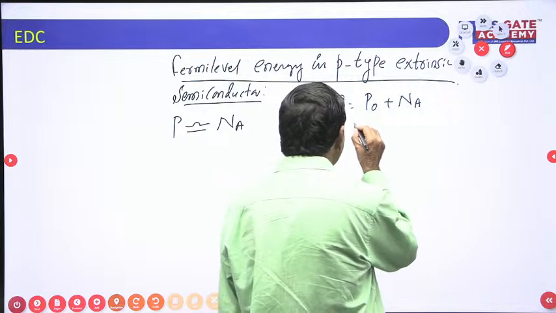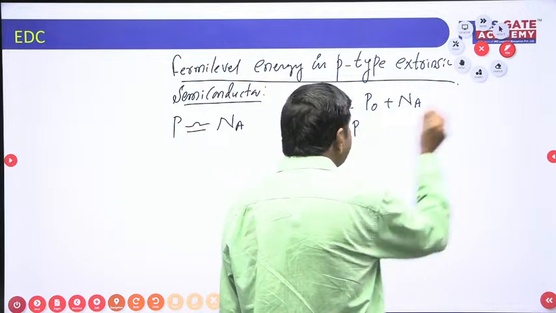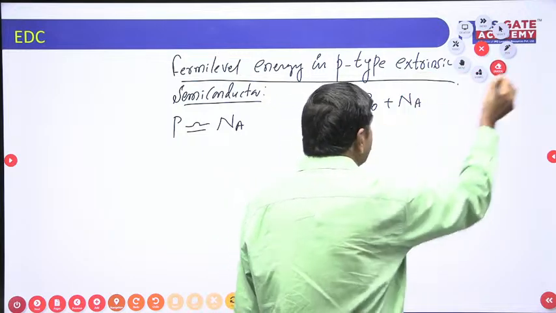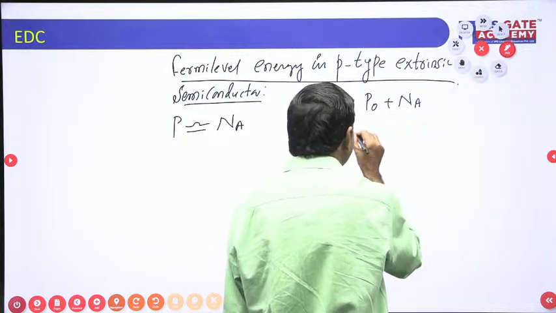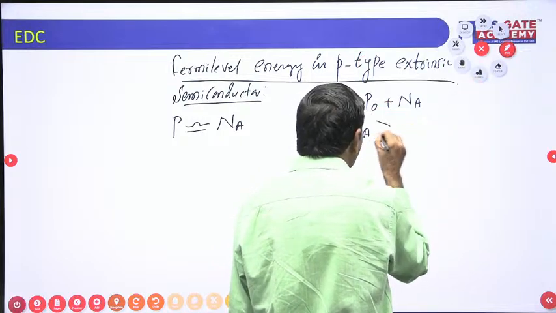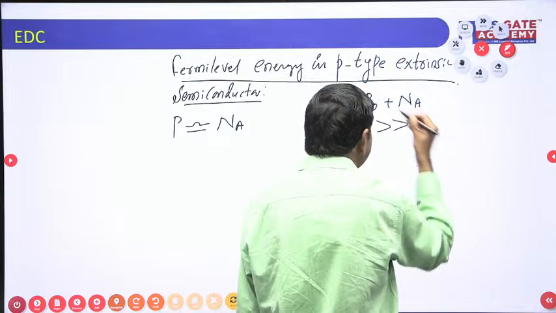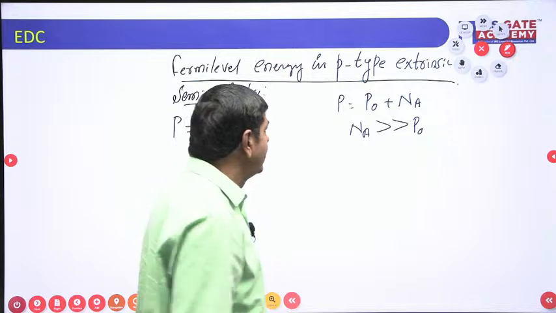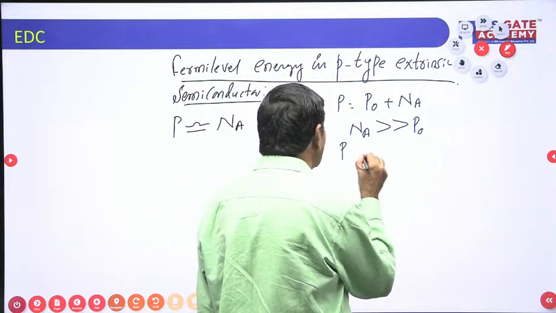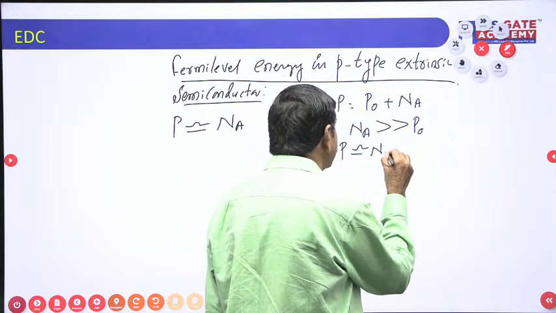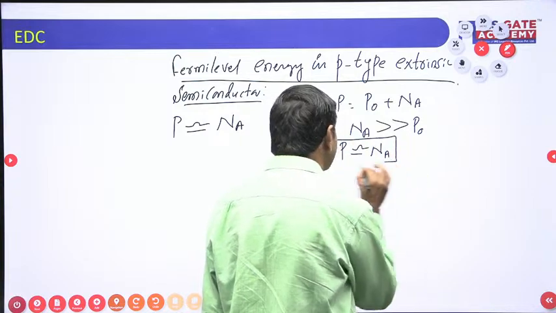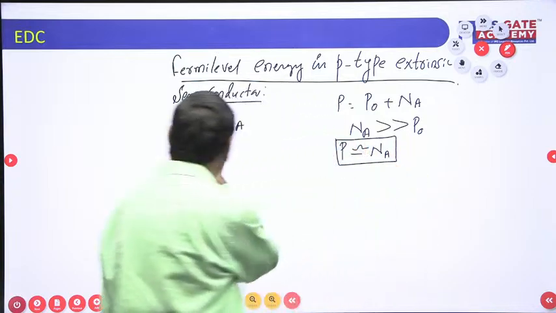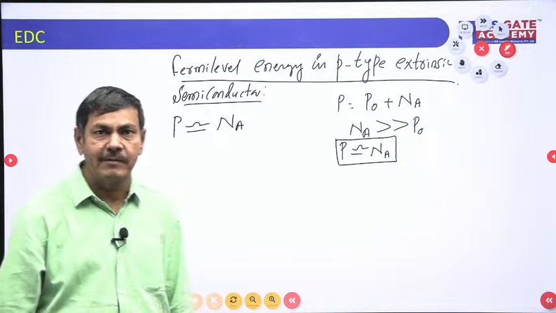But practically, we know very well Na is far greater than the p0 value. This Na will be very, very large. At that time p is approximately equal to Na, we can write. That is why this approximation is applied here now.